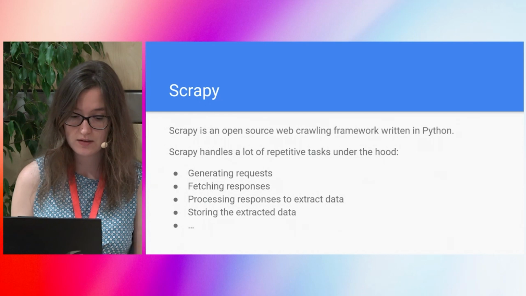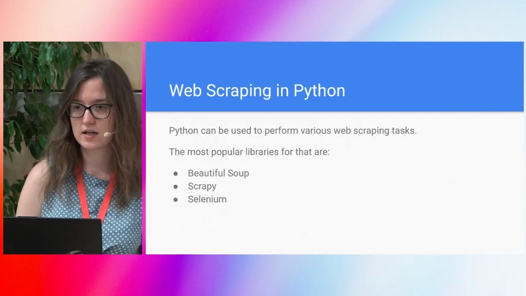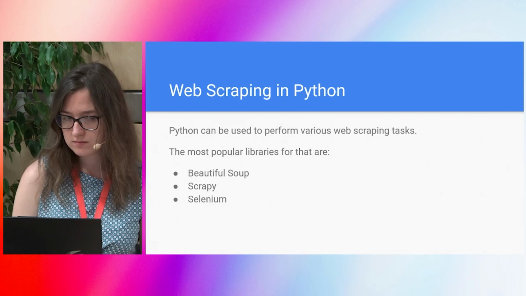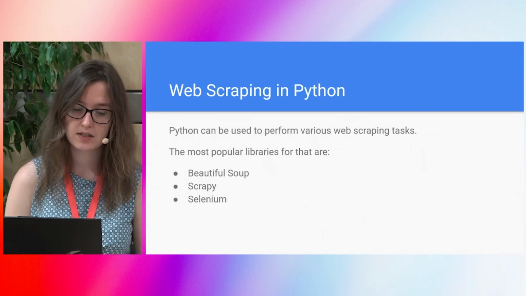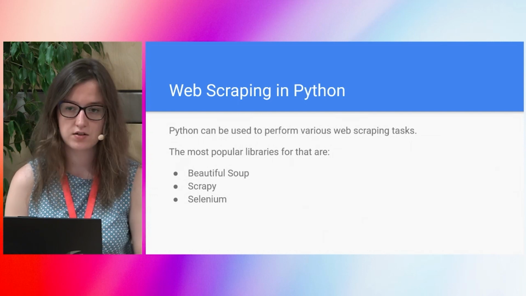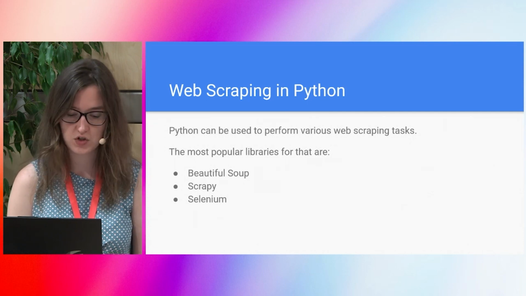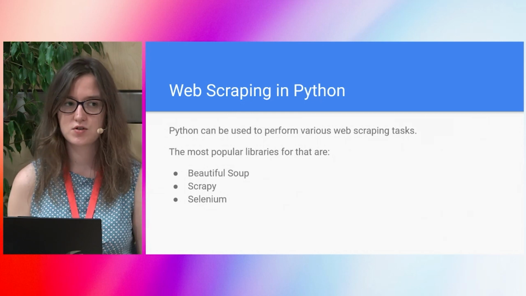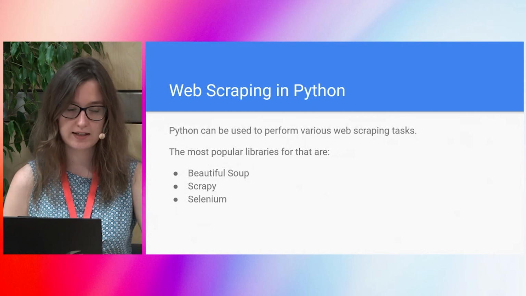And the other library worth mentioning is called Selenium, which is actually not specifically a Python library. It's a set of tools for web testing initially, but you can also use that to interact with the web page. So if you have this problem with JavaScript, when you need to do something in order to get more content, scroll the page, for example, you can use Selenium for that.